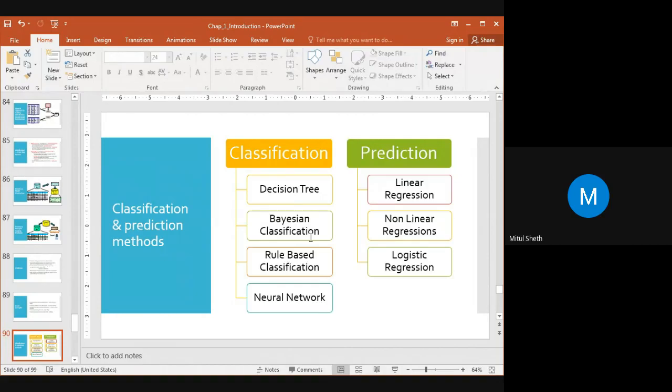Previously prediction was used as regression. Regression and prediction are both the same. We are finding the future trends for numeric values, so the task for both is the same.